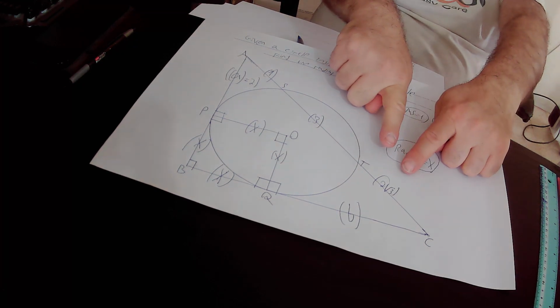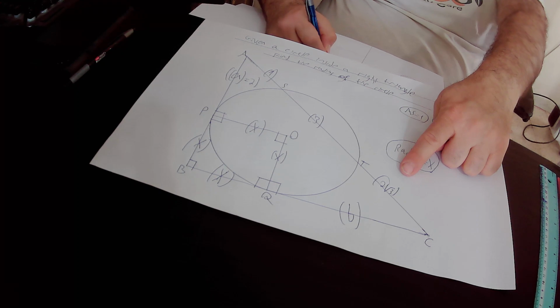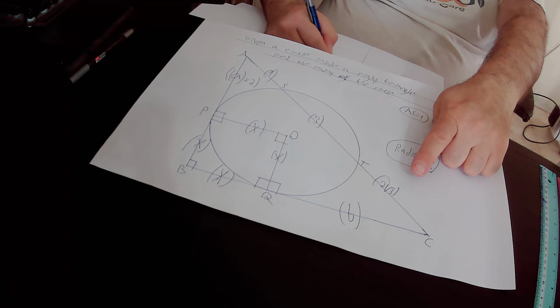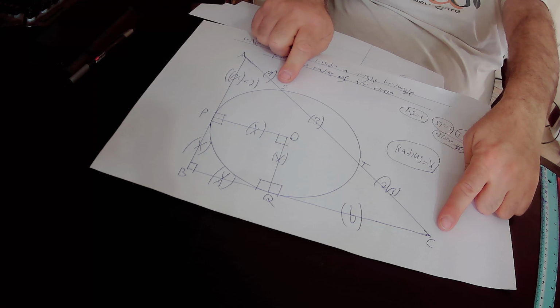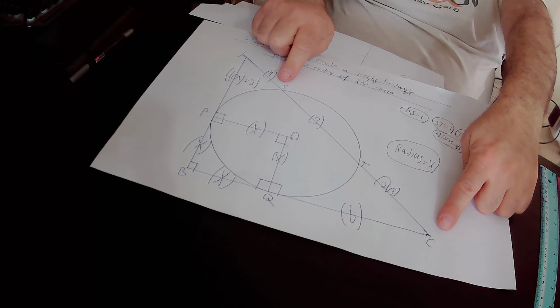CT is 2 times the square root of 3, times CS. CS equals 3 plus 2 times the square root of 3. It is very easy to see from the drawing that CS equals 3 plus 2 times the square root of 3.